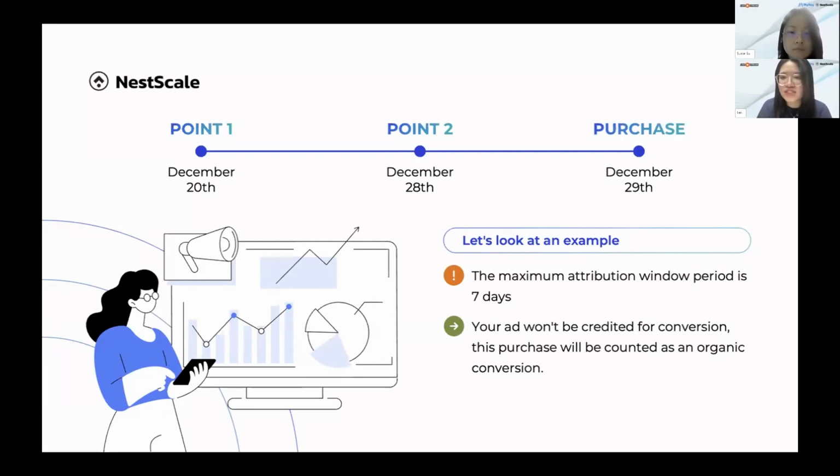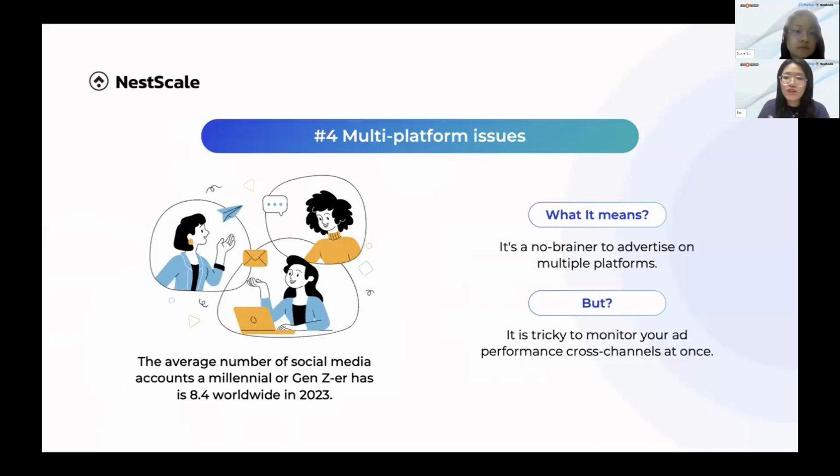Instead, this purchase will be counted as an organic conversion, which we know for a fact is inaccurate. So the issue will particularly be a huge disadvantage, as I've mentioned before, for businesses with a longer customer journey or more customer consideration upon buying, especially for luxury goods, like electronic gadgets.